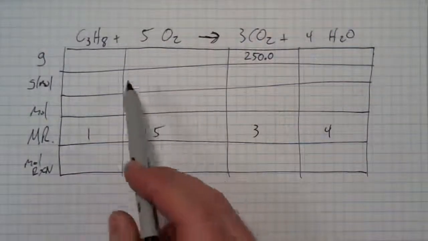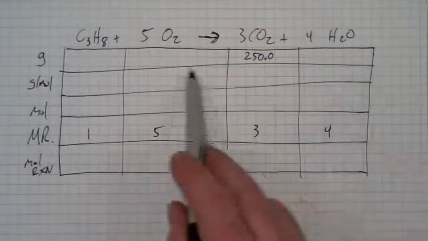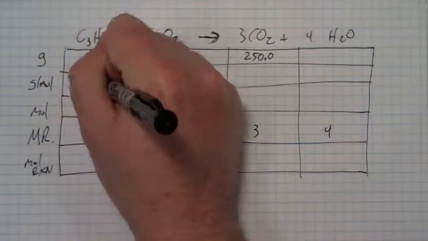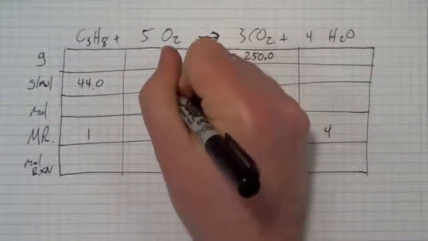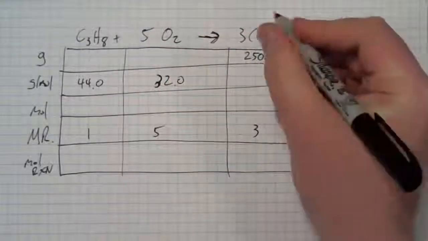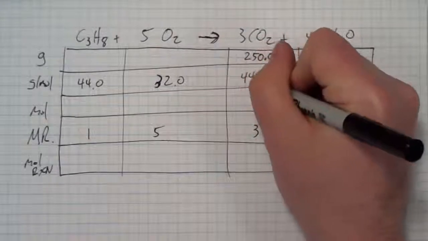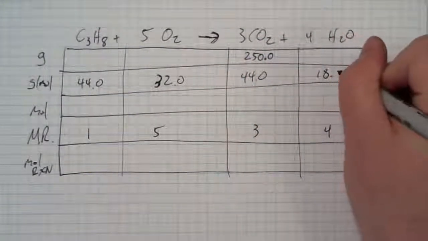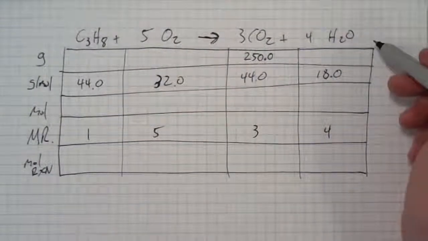What else do I know here? We know, or we should be able to find, the molar masses. So I know these: 44 for propane, 32 for oxygen, 44 just coincidentally for carbon dioxide, and then 18 for water.